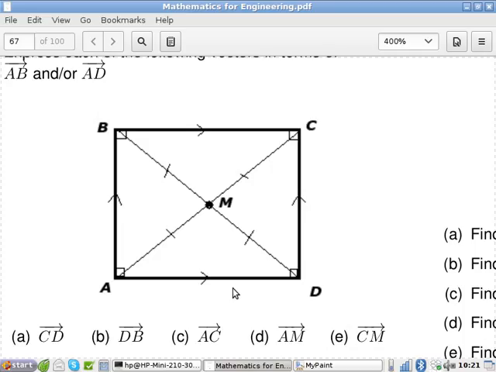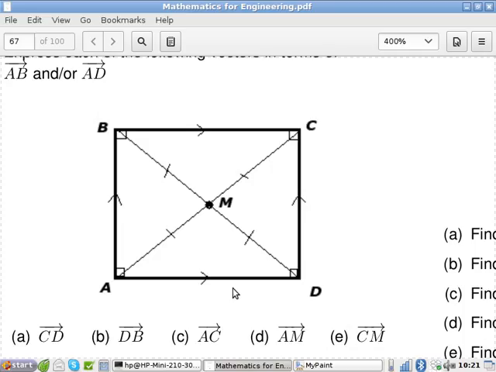So the first one, CD, what did you get? Minus AB, very good, correct. DB, minus AD plus AB. No, because I said I wanted AD, not DA.